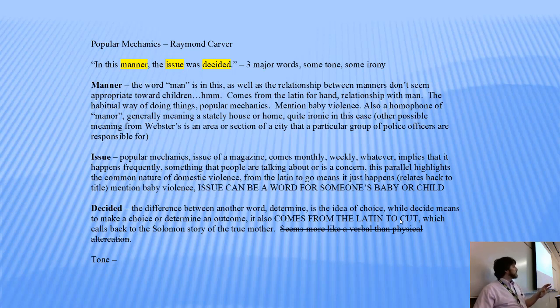So if he had the sentence, in this way the outcome was determined, I'm arguing that that sentence wouldn't convey the message he's trying to get us to receive as well as this sentence does. So it doesn't matter if you pick it from the beginning or the end, as long as it's a compelling piece of information that you thought important? Yes. Okay.